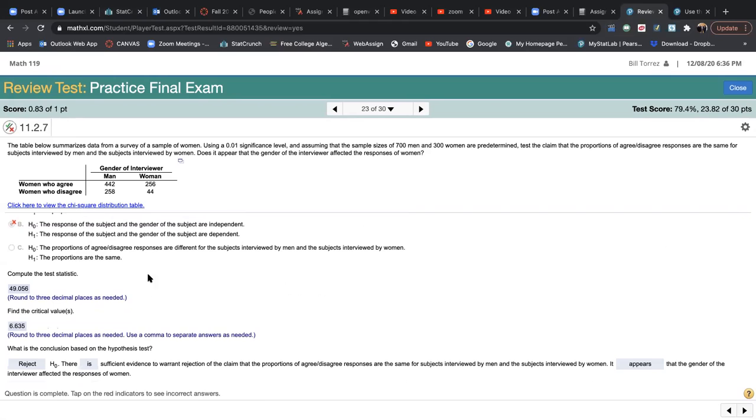In fact, the data in this table provides sufficient evidence to warrant rejection of the claim that the proportions of agree-disagree responses are the same for subjects interviewed by men and subjects interviewed by women. It appears that the gender of the interviewer affected the responses of women. So we reject the claim, and we see that gender does play a role in the responses of women.